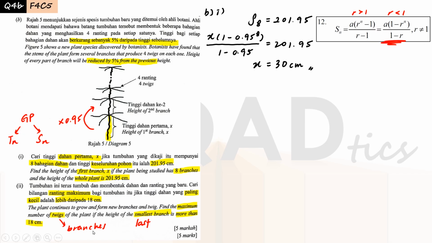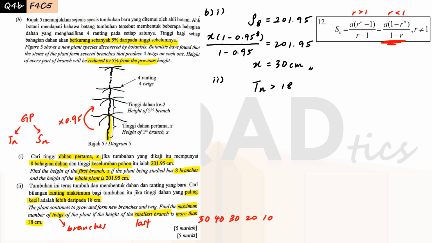So to find the total number of branches, we need to form a simple progression to see how we find it. I know it's not a geometric progression, this is just a simple progression to help us understand how we find the answer.